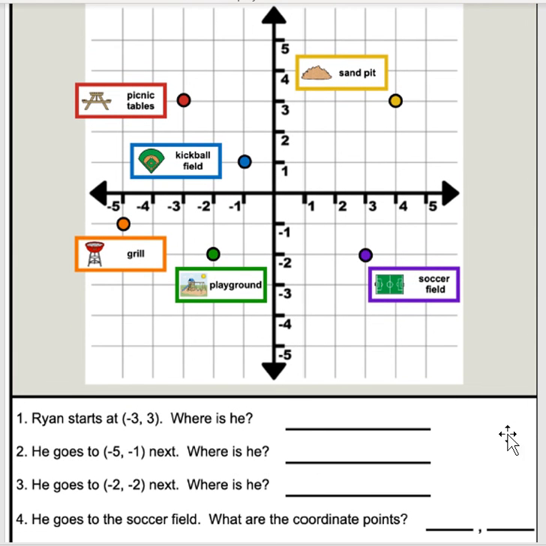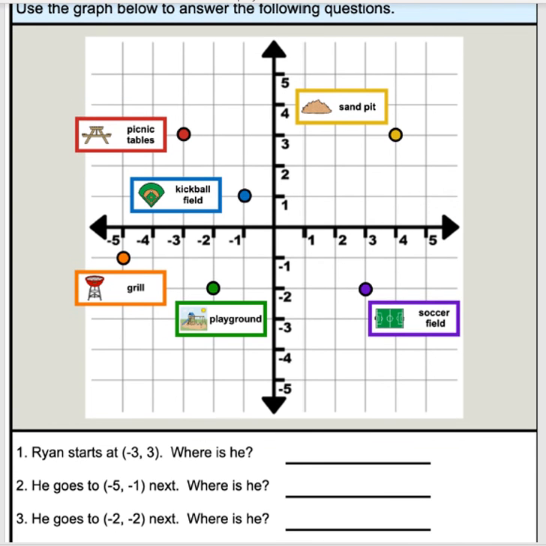So the first thing that we want to know is number 1. Ryan starts at -3, 3. Where is he? So before we do that, let's label our graph. So on a coordinate graph, you always have an x-axis.